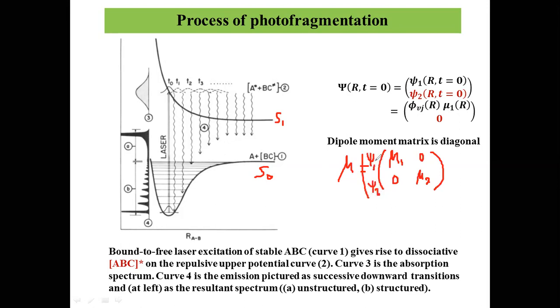If I multiply like this to get this, I am going to have psi 1 mu 1. Now psi 1 is nothing but the rovibrational state, this one, and this and this I need to multiply, so that gets this, and then when you multiply this with this, you are going to get 0. That is what the function is.